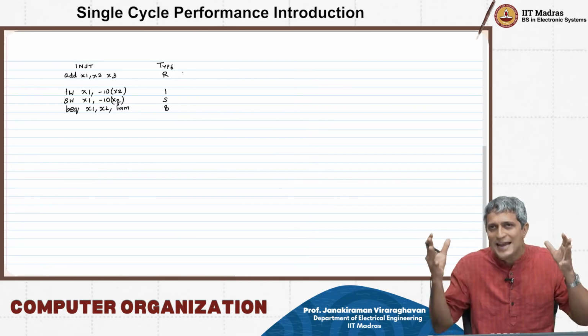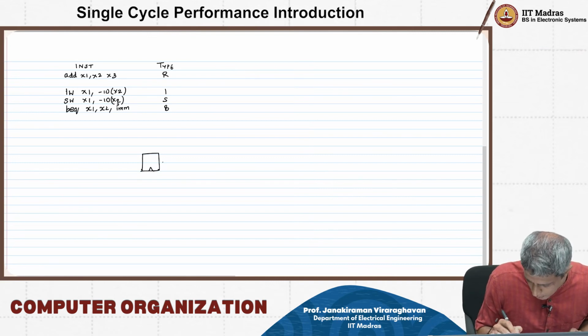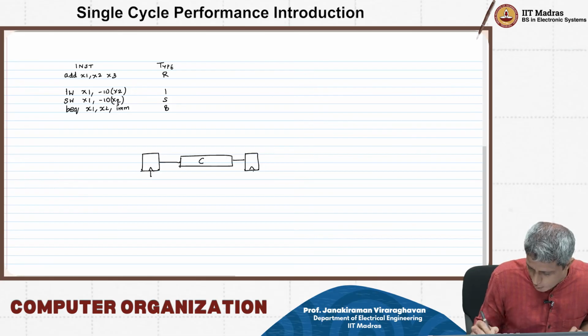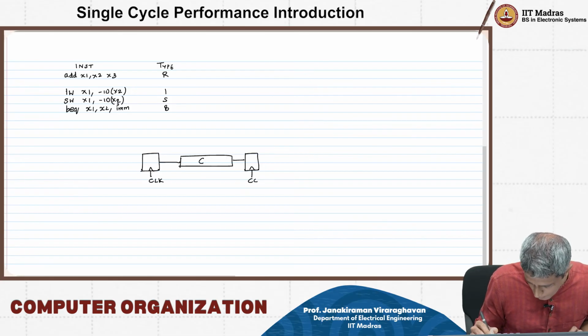Now in any static timing analysis that involved a clock frequency, if you remember, we always drew it like this. There's a combinational block and it is sandwiched between two flip-flops. So this is a clock.